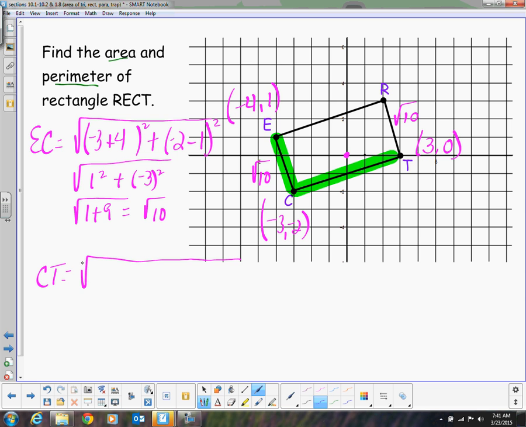Let's see, Travis, help us out on this one. Distance formula. Give me 1x. -3 minus 3.